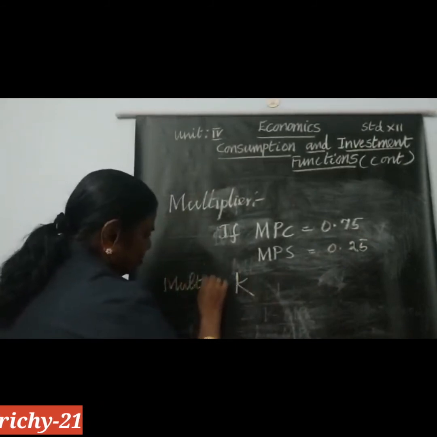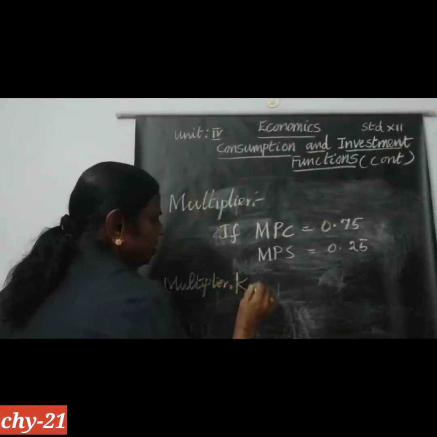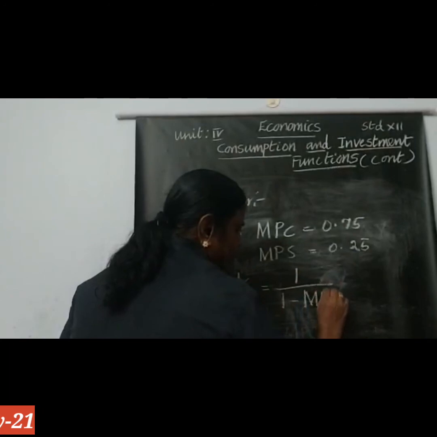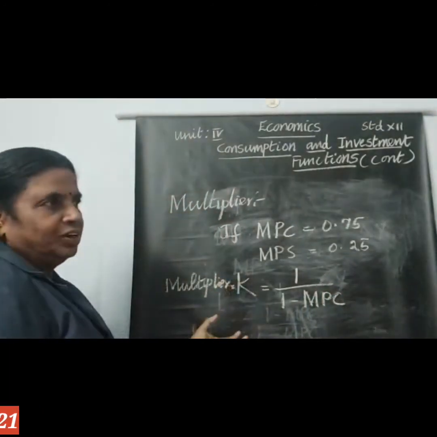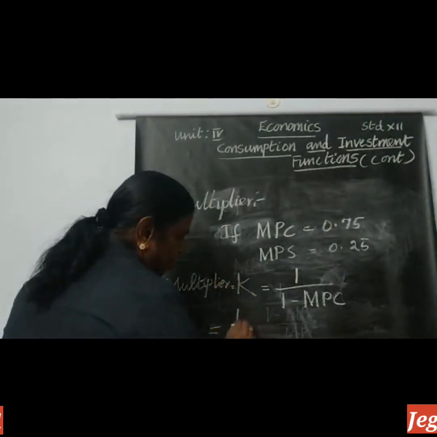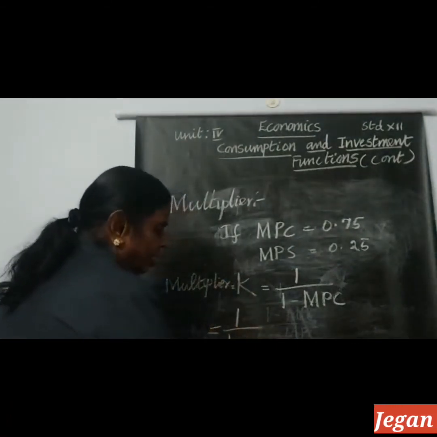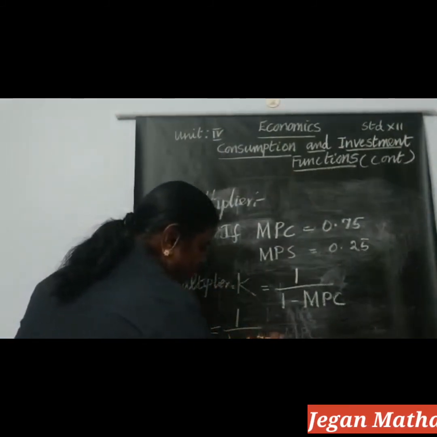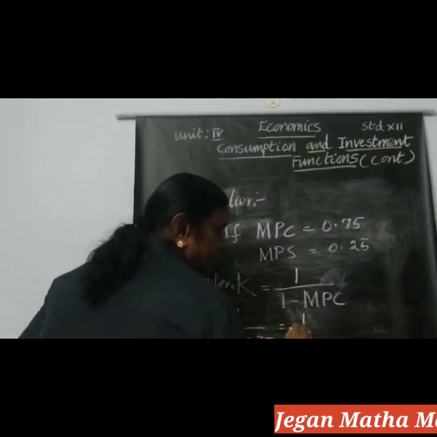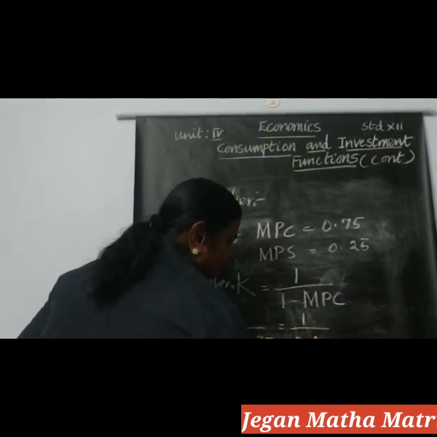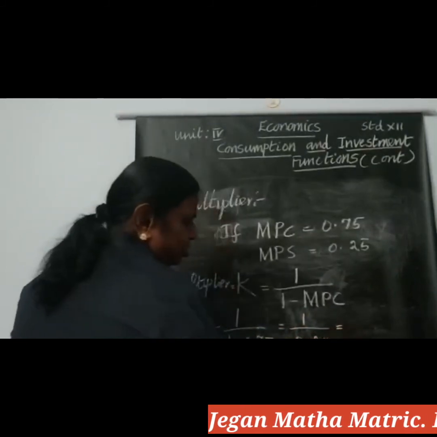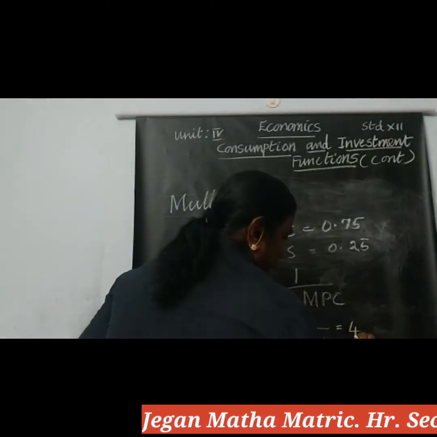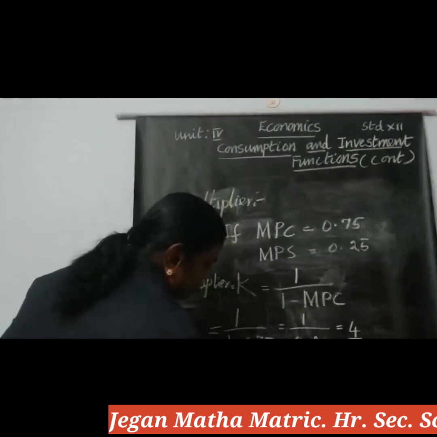The symbol for the multiplier is K, so K is equal to 1 divided by 1 minus MPC, which is 1 divided by 1 minus 0.75, equal to 1 divided by 0.25, which is equal to 4. So K is equal to 4.